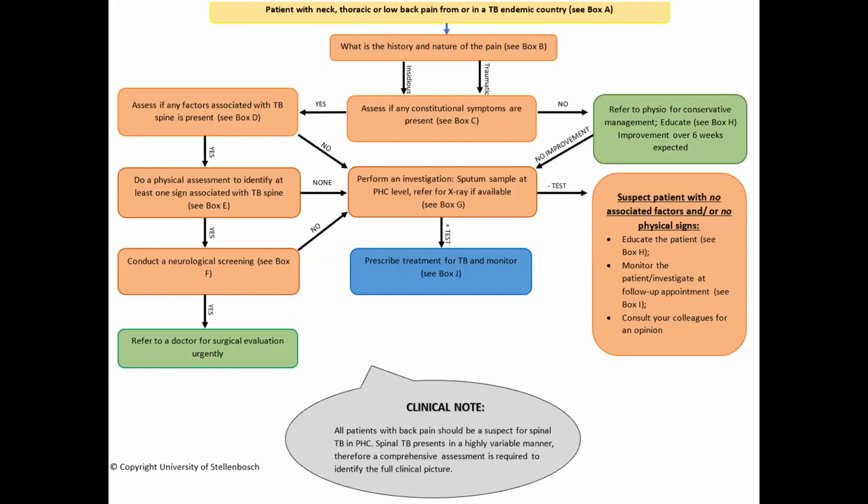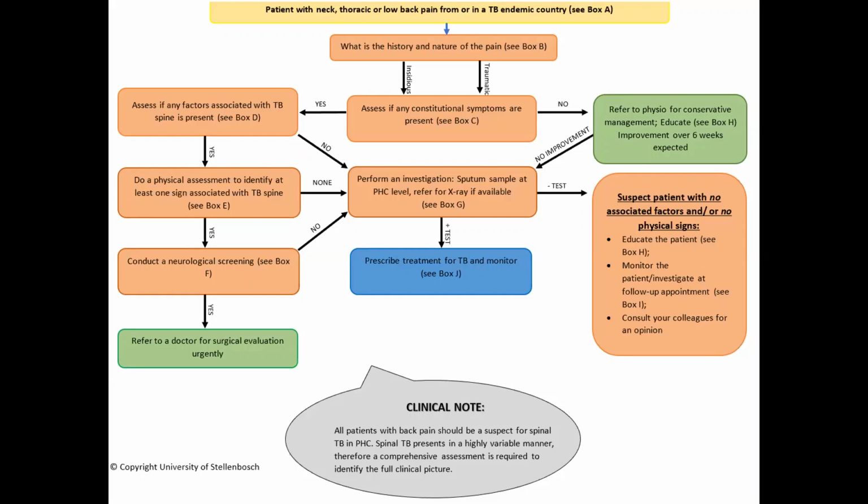Then if you have a patient, again with either insidious or traumatic, but most likely insidious onset, and they say yes to any of the constitutional symptoms that you've asked about, you would assess if any factors associated with TB spine are present. For these, you can look in box D provided below.